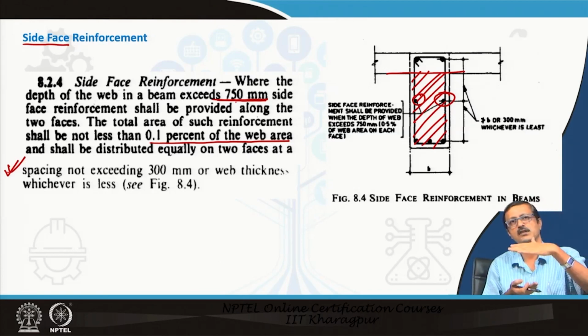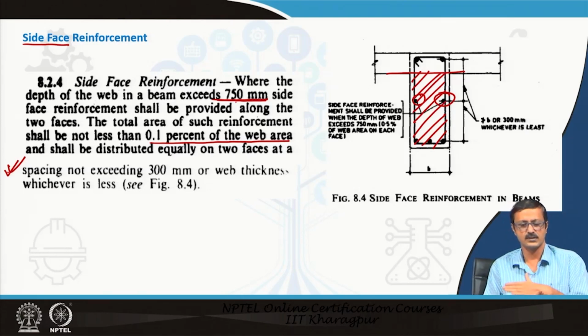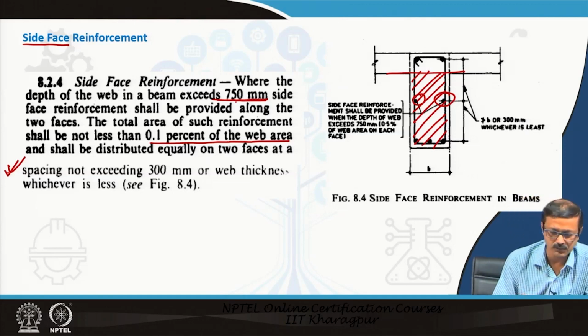After 300 mm you have to give one. So, 750 is okay, half of 750 is definitely okay, but if the distance between the bars is more than 300, then you have to go with another layer of bars.